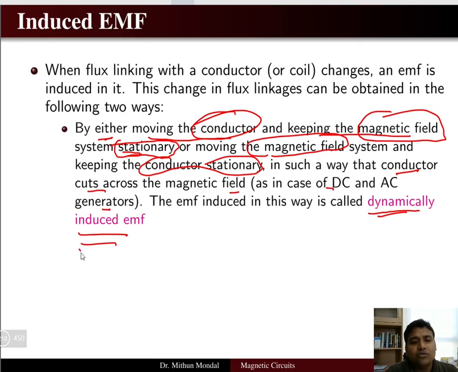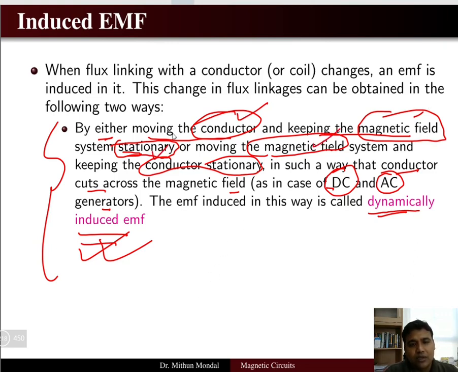This EMF is known as dynamically induced EMF. So you can understand that dynamically induced EMF is the principle of the DC generator or AC generator. In this case, either you can move the conductor and keep the magnetic field constant, or move the magnetic field and keep the conductor stationary. That is known as dynamically induced EMF.